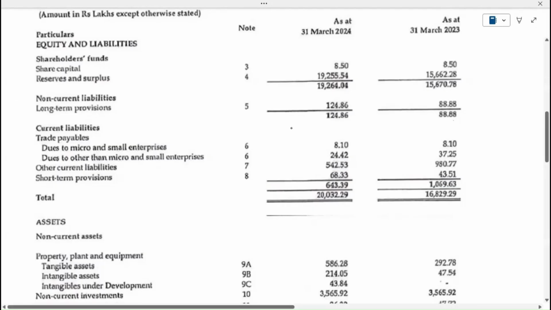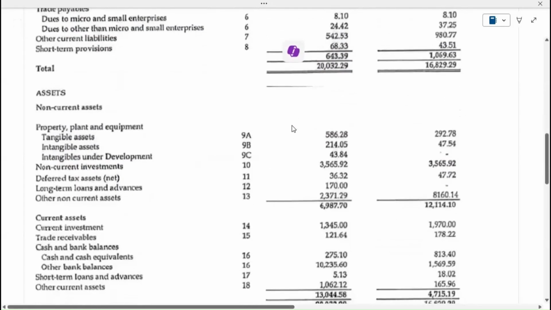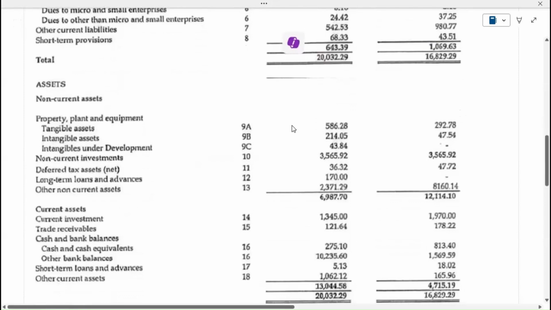Then short-term provisions, not much. This is only accrual point of view. Then assets. Again, what is the interest from the GST books of accounts point of view?